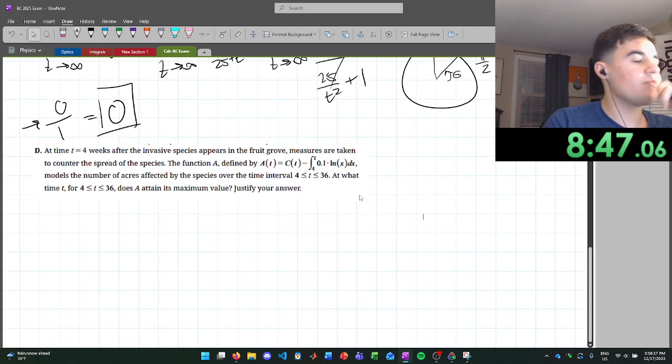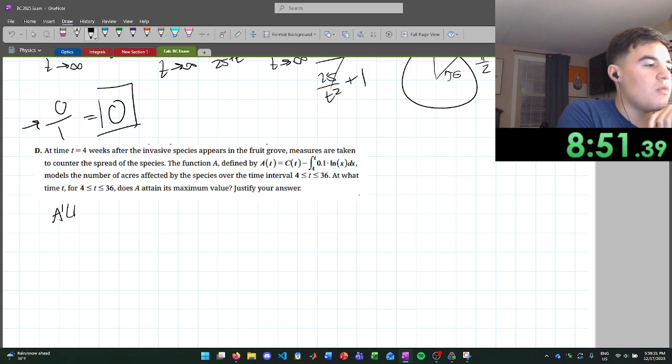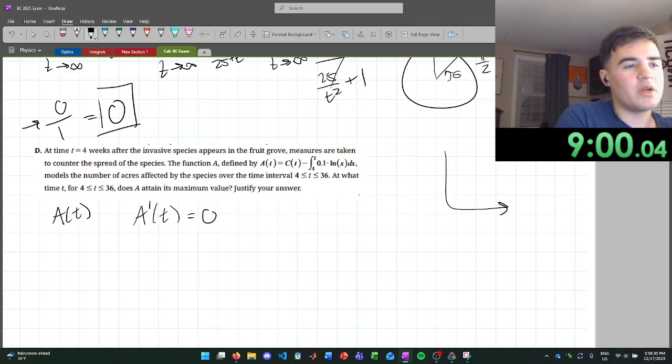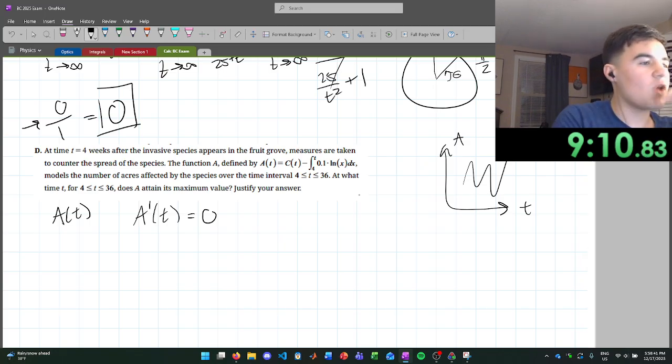At what time t between 4 and 36 does A attain its maximum value? So we maximize A of t when A prime of t equals 0, right? Whatever curve, at the maximum the slope is going to be 0, over some interval.